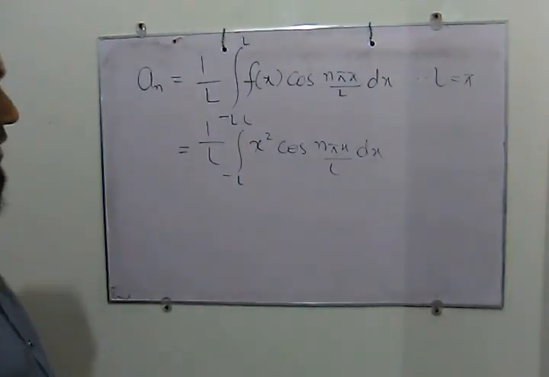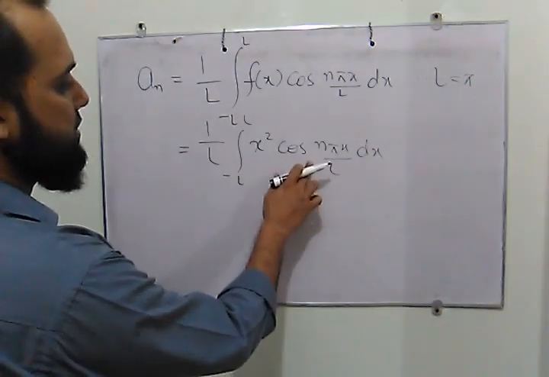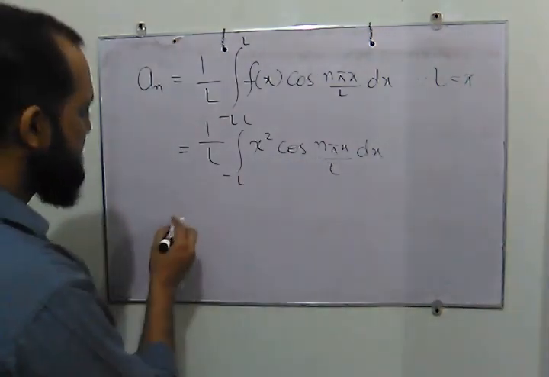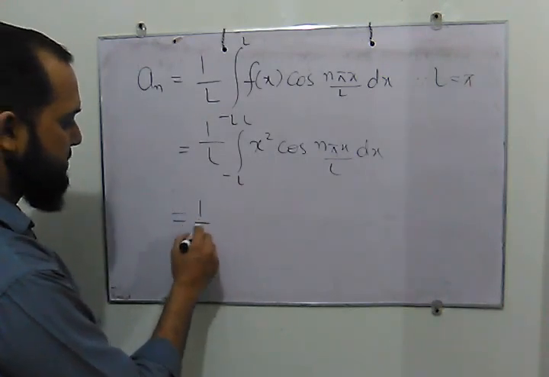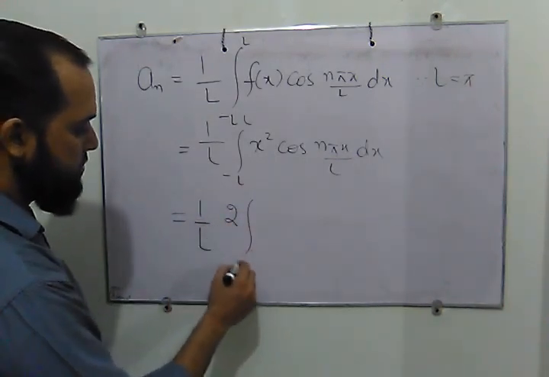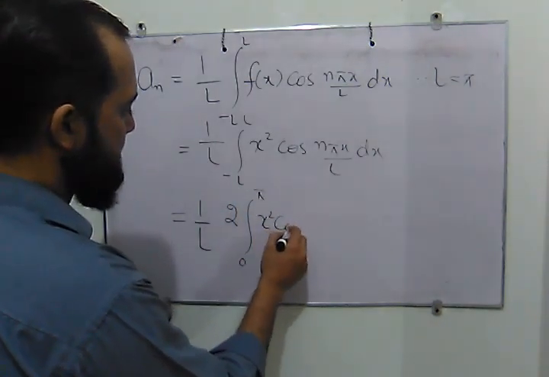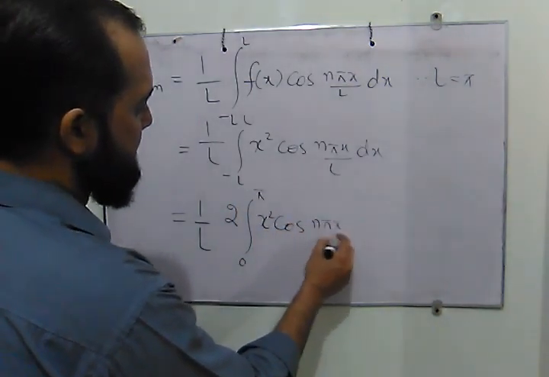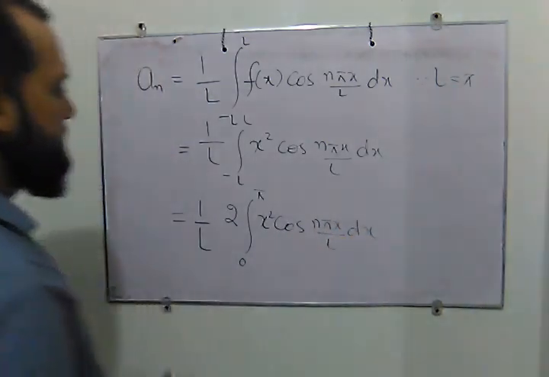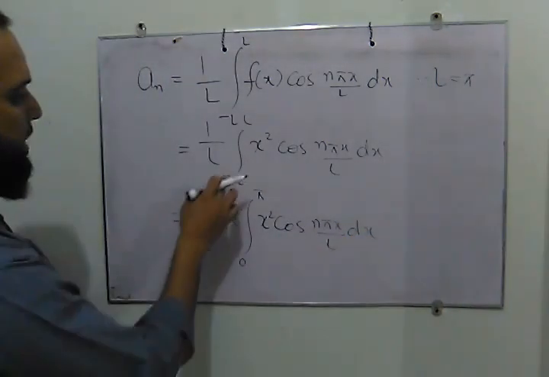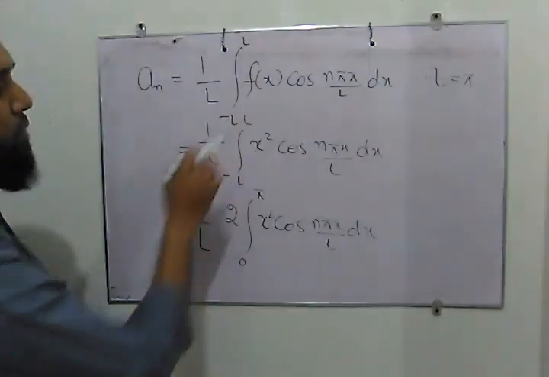But we know that this is an even function, this is also an even function, which means that we can write it as 1 upon L, 2 into integral from 0 to pi of x square cos n pi x upon L. Instead of minus L to L, we replace it from minus pi to plus pi.